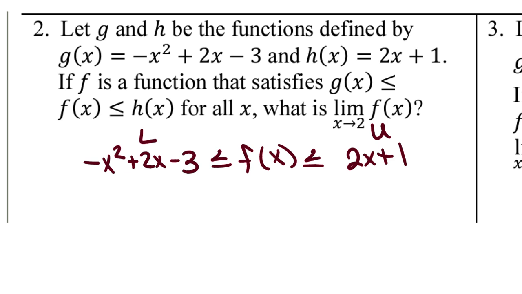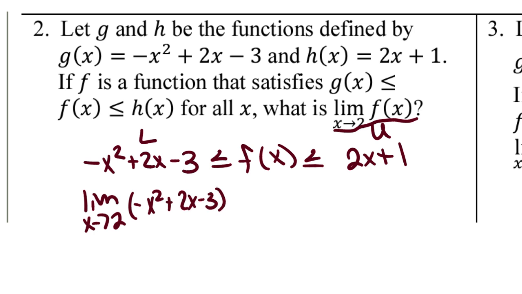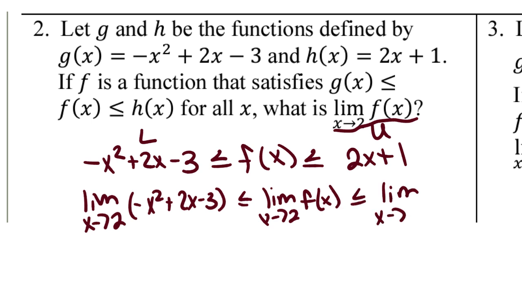And we're going to see if we can squeeze in between to get an answer. So it says take the limit of f of x at 2. Well, I don't even know what f of x is. But I can take the limit as x goes to 2 of g. And then the limit as x goes to 2 of f of x, got no clue. And then I can take the limit as x goes to 2 of h.